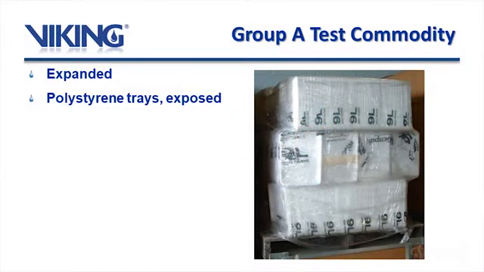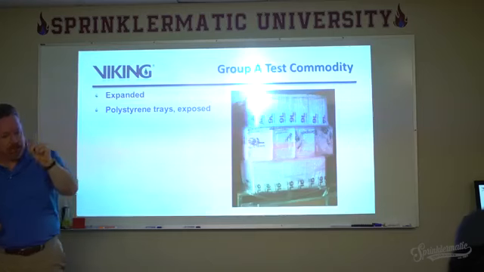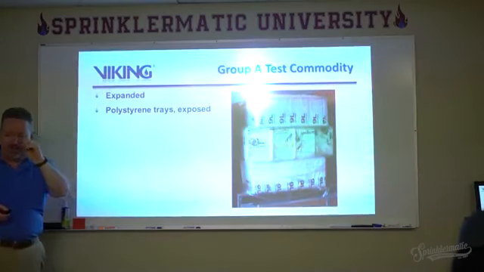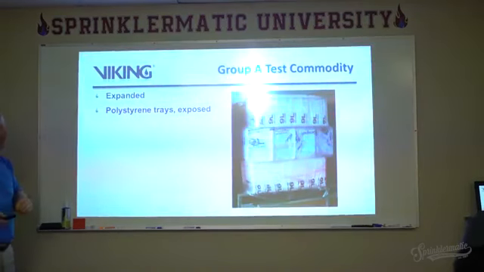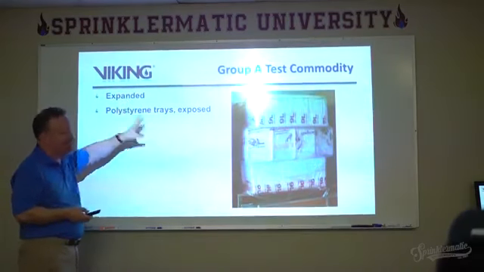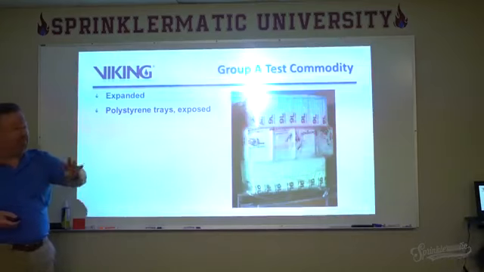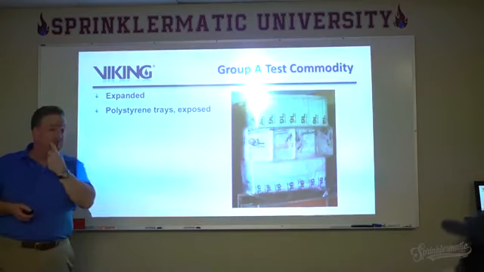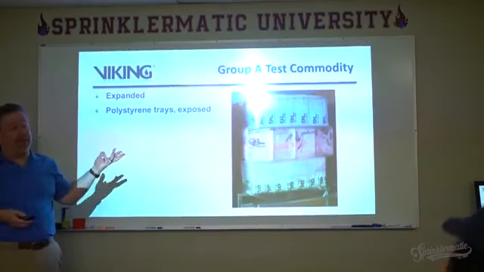is polystyrene trays that are exposed. In this particular case, here's our test commodity. But those polystyrene trays, any kind of that plastic tray that feels kind of spongy, that is an expanded plastic, and because it's got air infused in it, these are going to burn. These are probably the biggest commodity challenge.